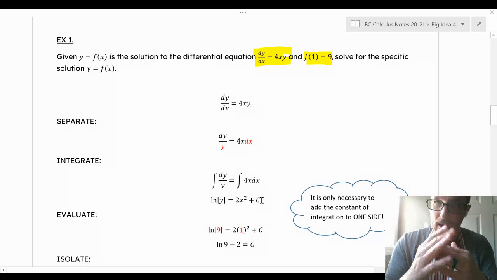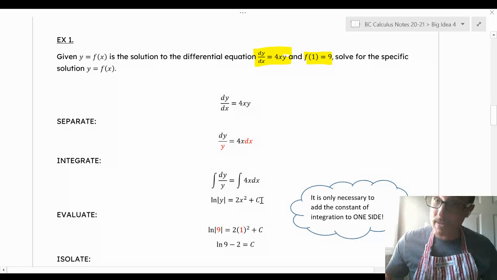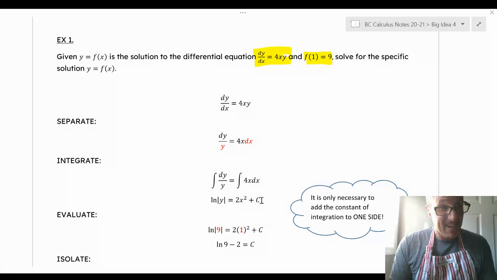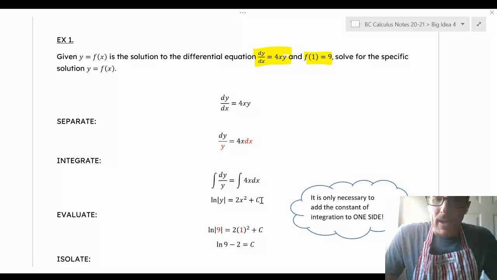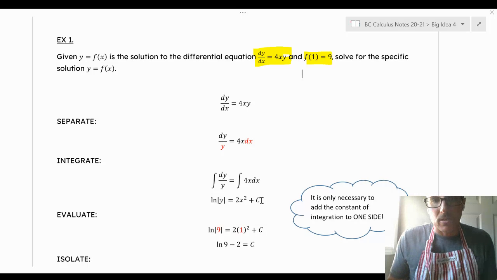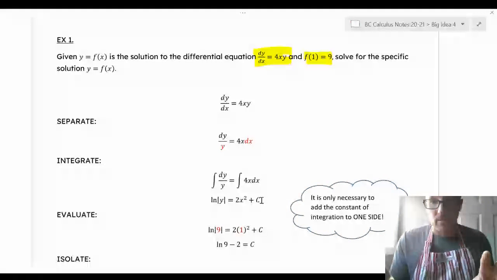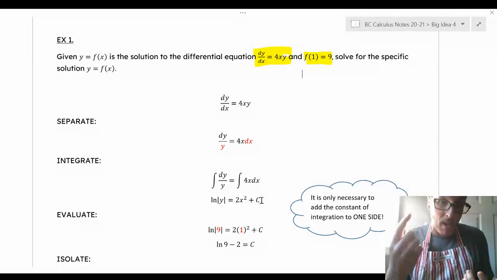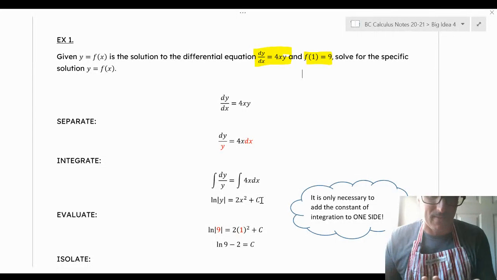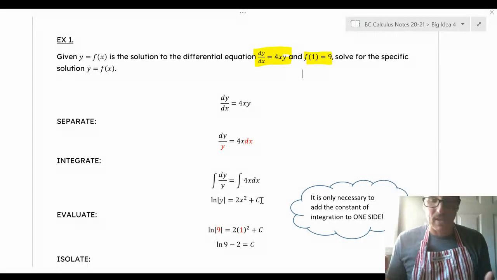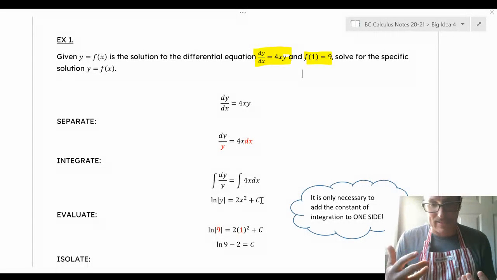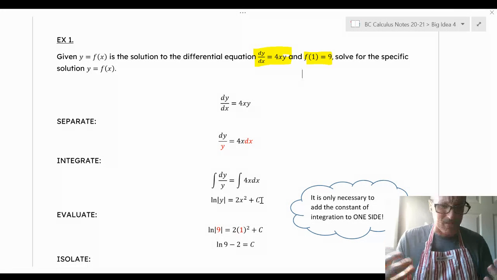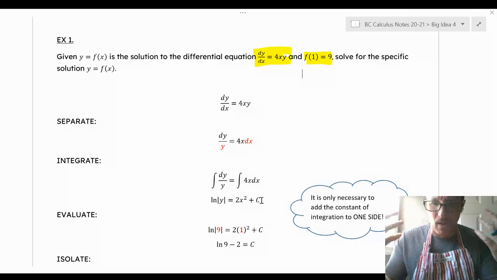Let me just take a little time out. Why didn't I add c to both sides? Well, the reason I didn't do that is because if I add a mystery constant to two sides of the equation, it's essentially like adding one mystery constant to one side of the equation, right? So I don't have to add two different constants. That's too much going on.